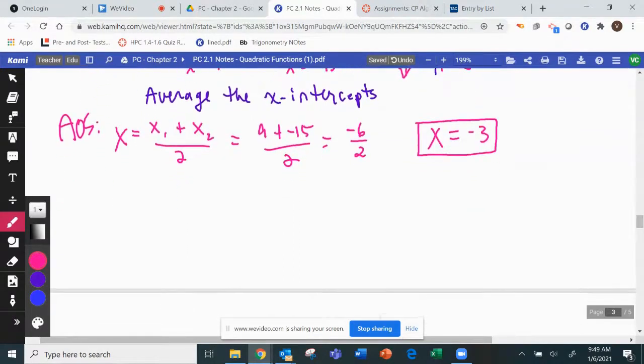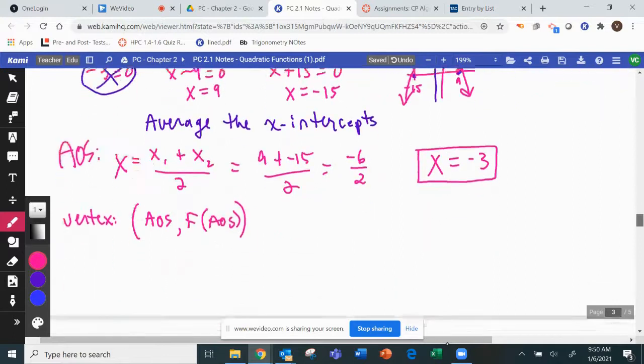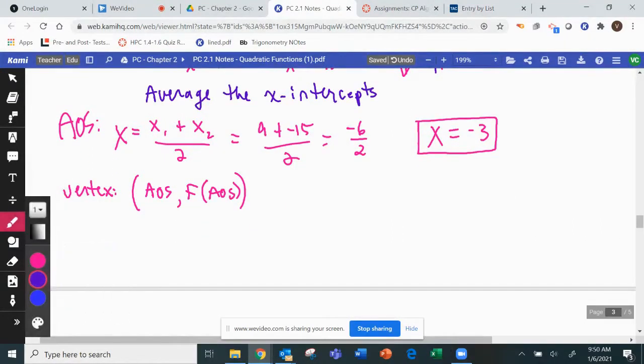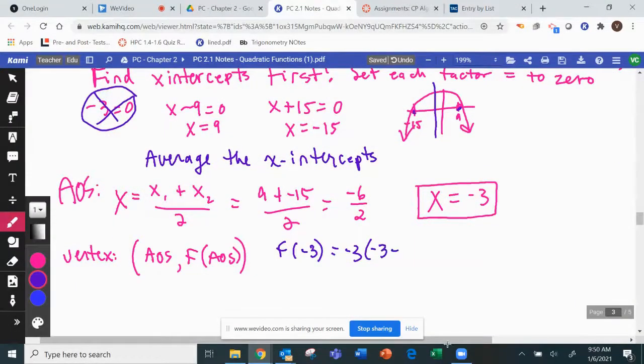And then to find the vertex, we're going to do the axis of symmetry in the x place, and then we'll do f of our axis of symmetry in the y place. So we need to plug in negative 3 into the equation for the x's. I'm going to change colors because I'm getting mixed up with what I'm doing right now. So f of negative 3 equals negative 3 times, and then we've got negative 3 minus 9, and negative 3 plus 15.